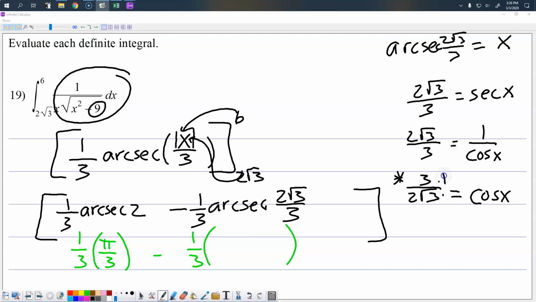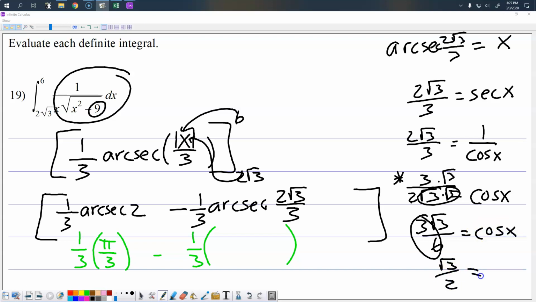So I'm going to multiply the top and the bottom by the square root of 3. That leaves me 3 square root of 3 over 2 times 3, so 6. And then we reduce the 3 over 6, and we end up with this.